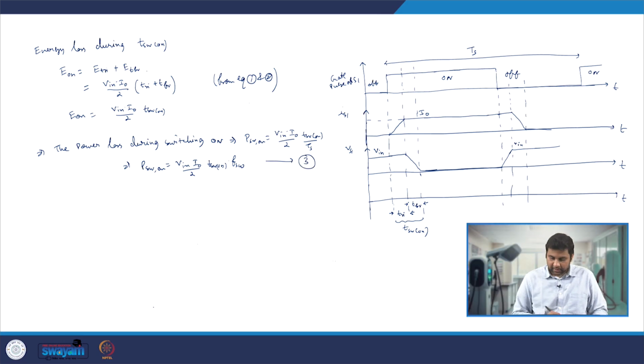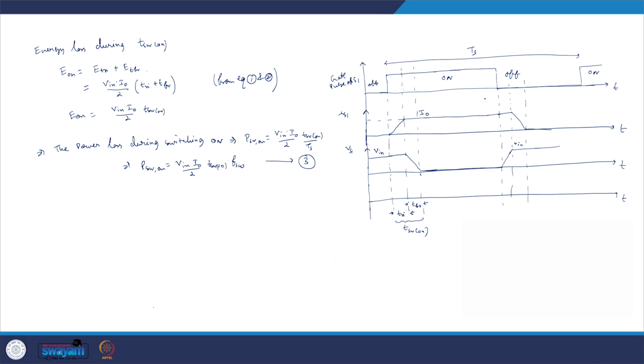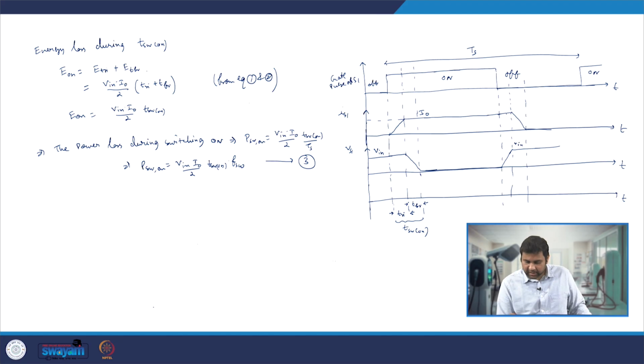This is the power loss during switch on, and we can also see the power loss during switch off. When it is switching off, I naught remains constant until this point and the voltage is rising. Here we write this time period as TRV, and the period in which the current is falling as TFI. The entire thing is T switch off.